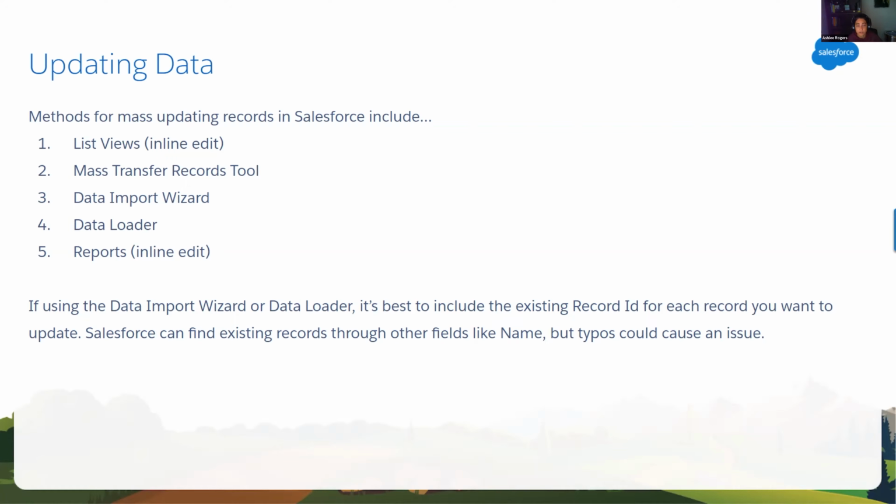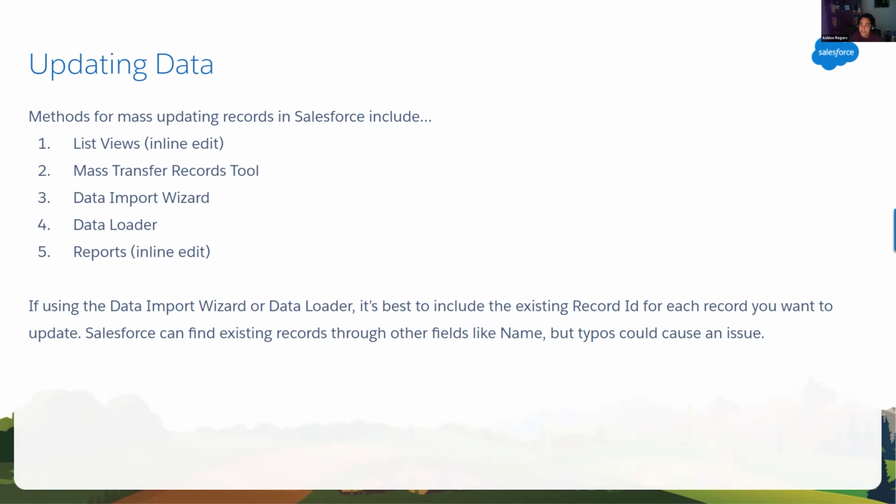You could do it through the data import wizard as well, using update existing. You could do it through the data loader, also update existing. And a new feature in Salesforce, you can do inline edits in reports, which is really cool. Super handy, and it works mostly well, I would say.